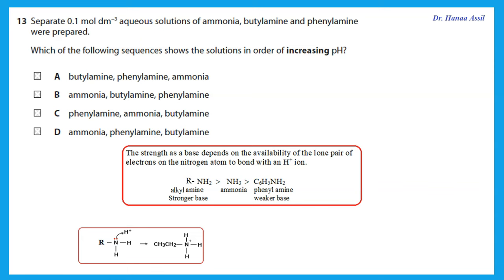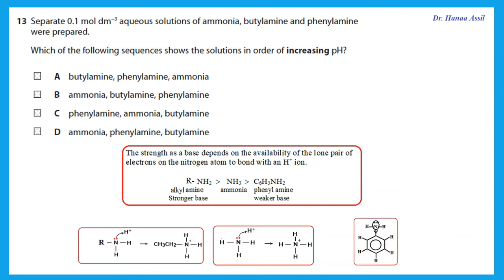So R represents a carbon chain. Alkyl groups are what we call electron donating. So the lone pair of electrons on the nitrogen are very much available for reaction. That is more than ammonia. So that means the alkyl amine would be a stronger base than ammonia.